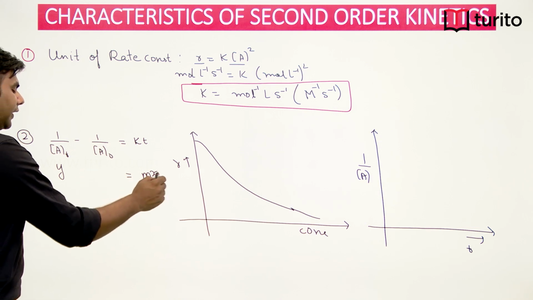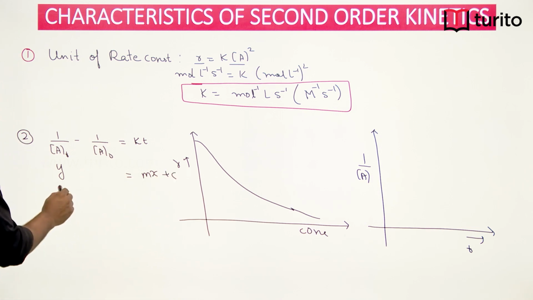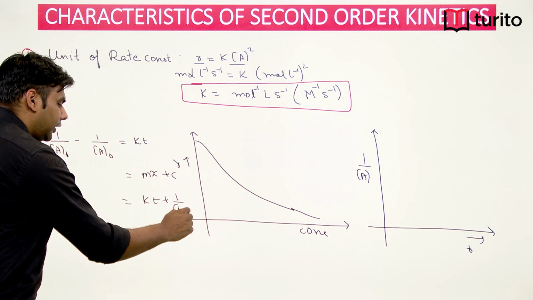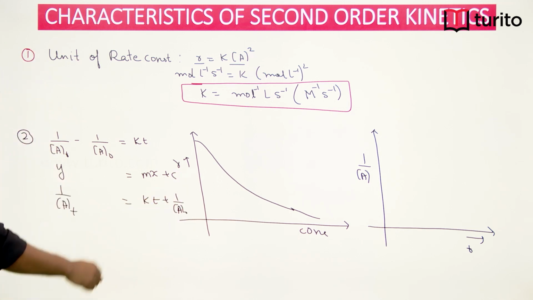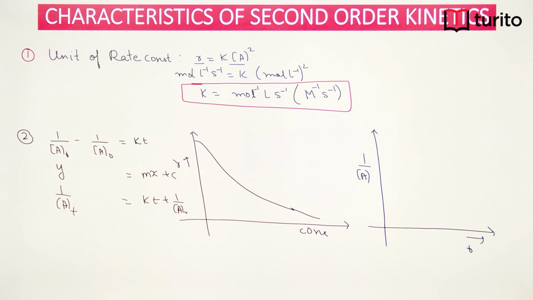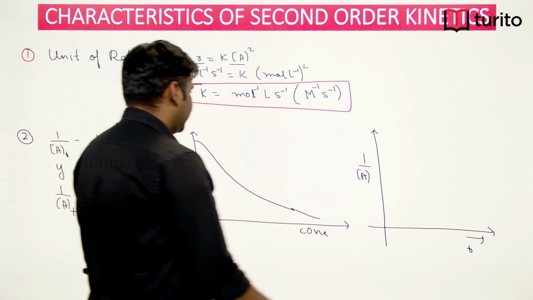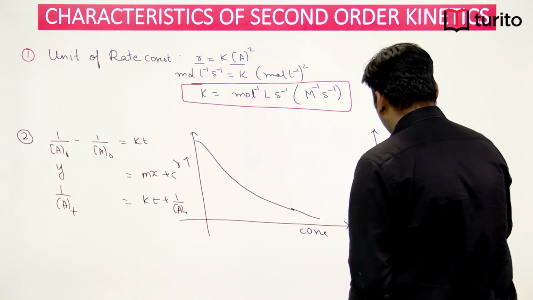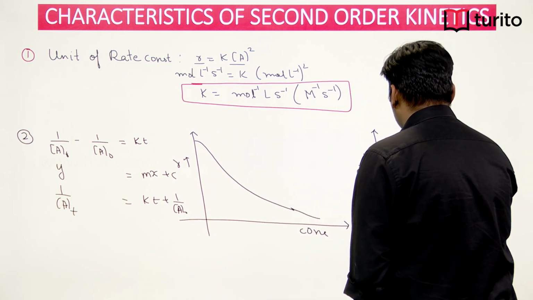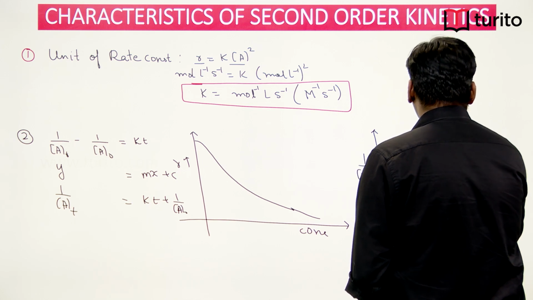So this is y equals mx plus c form. So 1 by At will be equal to Kt plus 1 by A naught. So the intercept of this would be 1 by A naught and the slope would be K. The slope will be positive over here. So basically the graph would look something like this. This is the value of intercept, which is 1 by A naught, and the slope of this would be K.